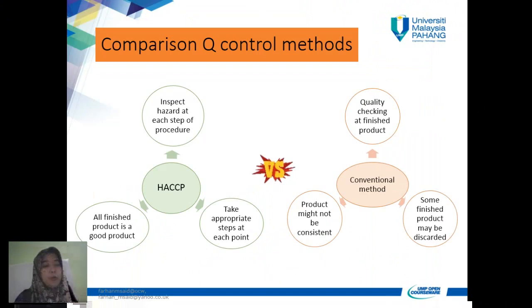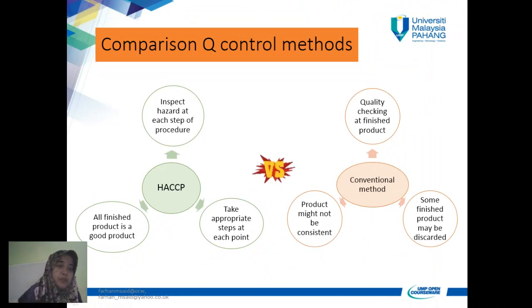Okay, so now we come to the end of this part. We learned about HACCP. We know that HACCP is very tedious, with so many things to be done to complete the process. By the way, what is the difference between HACCP and the conventional method?